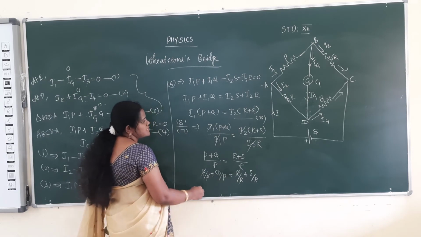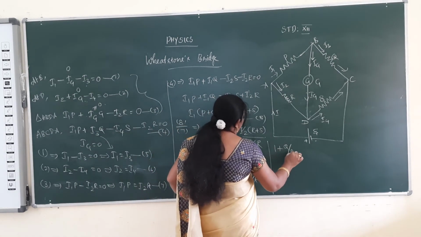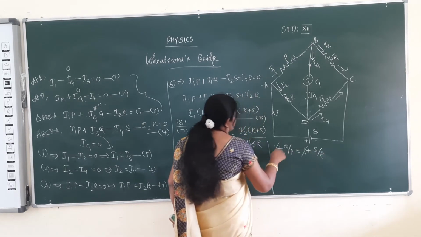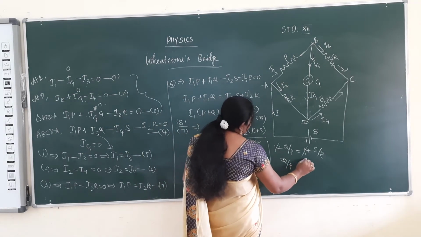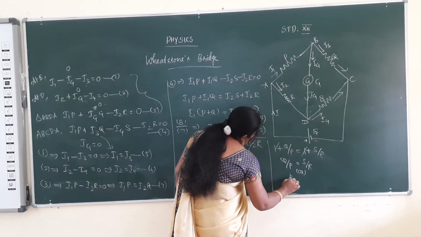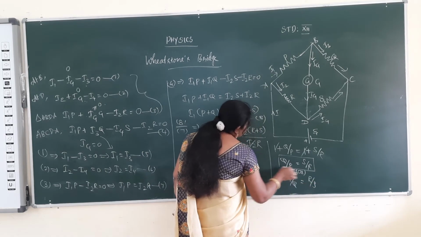So 1 plus Q by P is equal to 1 plus S by R. Cancelling 1 on both sides, Q by P is equal to S by R. Now taking the reciprocal, P by Q is equal to R by S. This is the Wheatstone bridge formula.